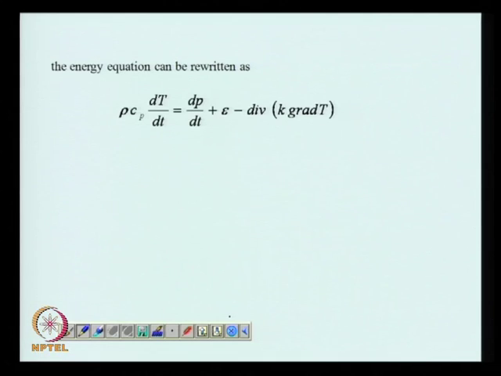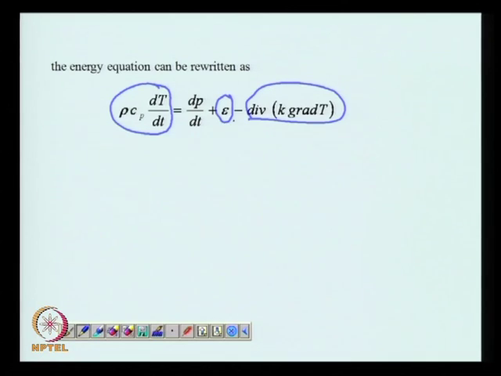So, we have the left hand side, which is the convective flow of energy. The last term on the right hand side is the conductive transport of energy, and it is an isobaric process. If it is an isobaric process, the epsilon in this is the dissipation function, where any transport of energy, any flow is associated with entropy generation.